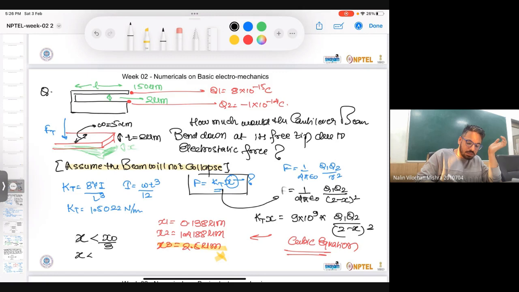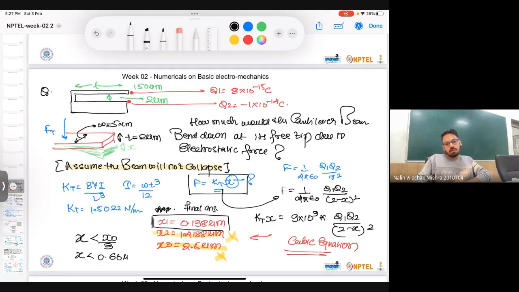So x should be less than 0.66 micrometer, and hence this is also neglected, and the only solution we have here is this. So this will be the final answer. I hope this numerical is clear to you.